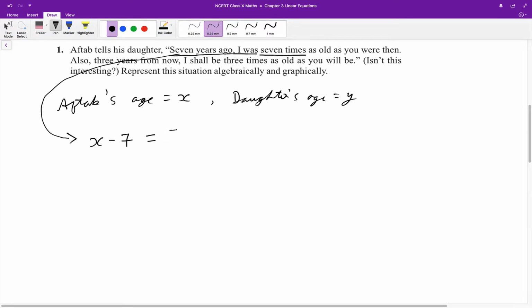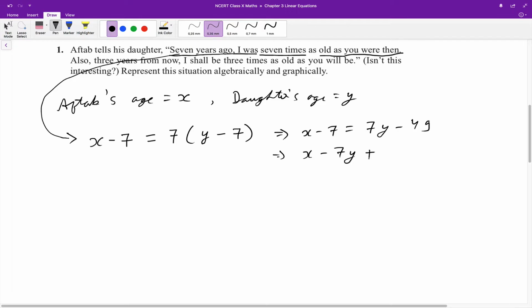So 7 years ago his daughter's age was also y minus 7. So now this is our first equation. x minus 7 is equal to 7 times (y minus 7), which is 7y minus 49. So we say it as x minus 7y minus 7 plus 49, that would be 42. So we have our first equation.